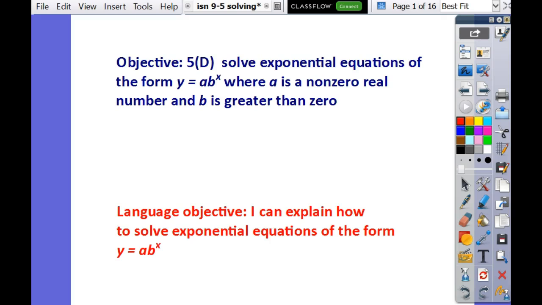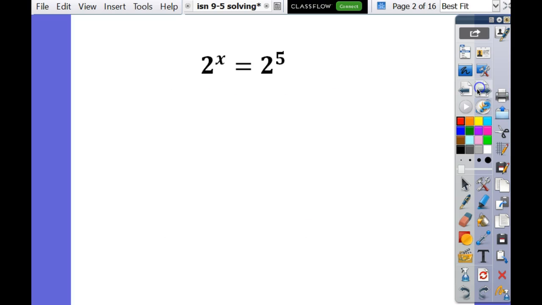And what we're going to do today is solve exponentials. Doesn't that sound fun? Well, first of all, what is an exponential? This is an exponential equation. Why is it an exponential equation?